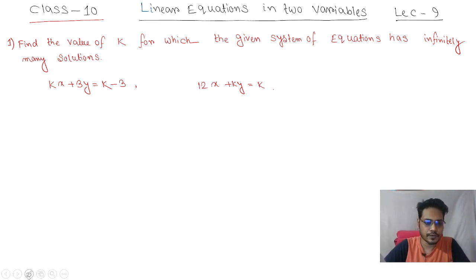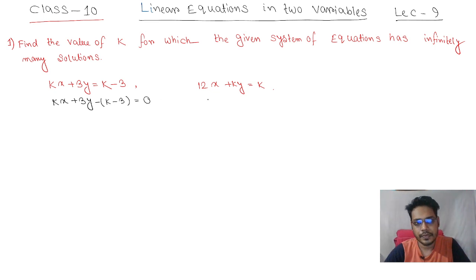Now we have to convert it into this form: ax plus by plus c is equal to 0. So it will be kx plus 3y minus (k minus 3) is equal to 0, and here 12x plus ky minus k will be equal to 0.